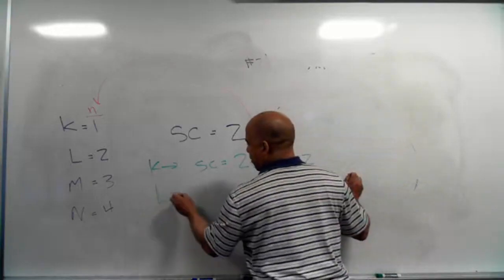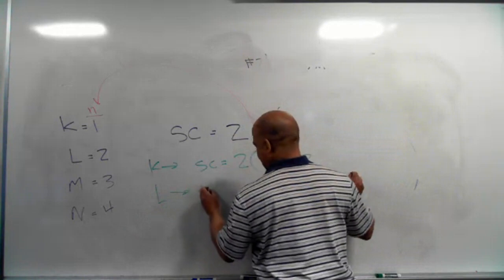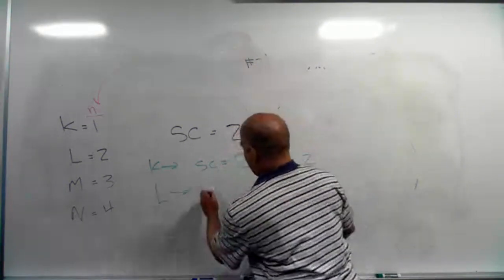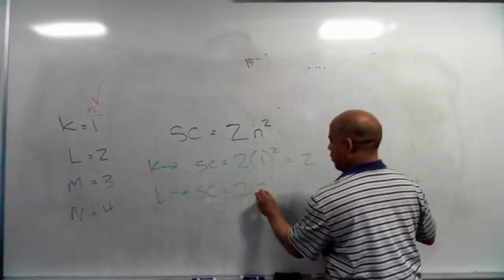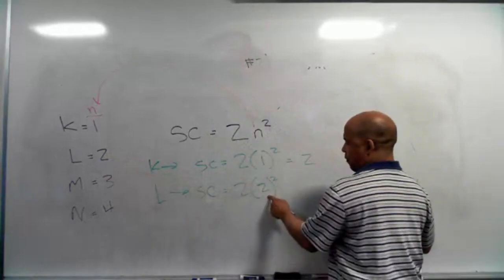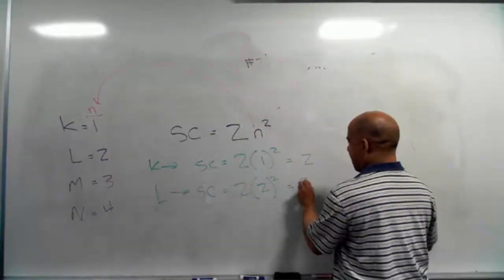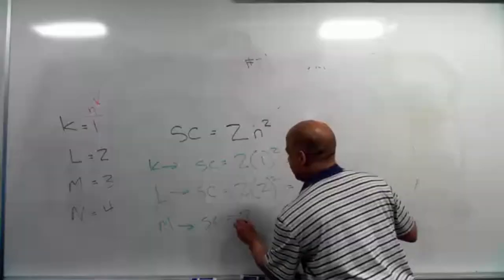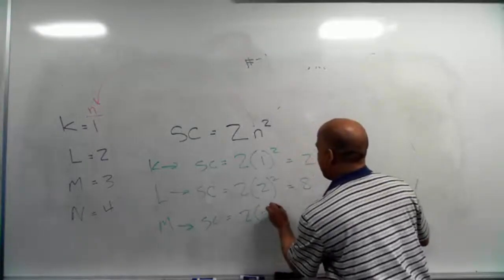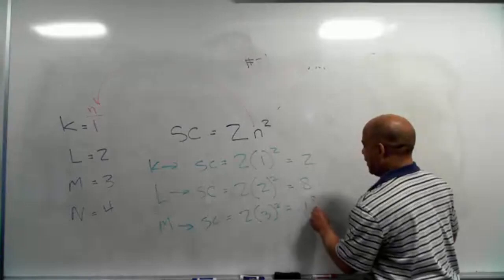And then for L, SC is 2 times that number squared, 2 squared, that's a 4, 2 times 4 is 8. And then M, SC is 2 times 3 squared. 3 squared is 9, that gives me 18.